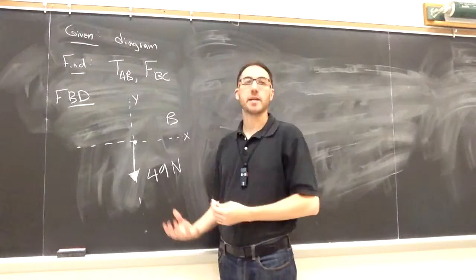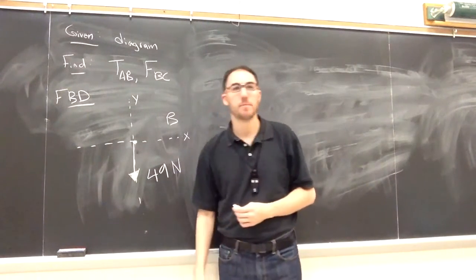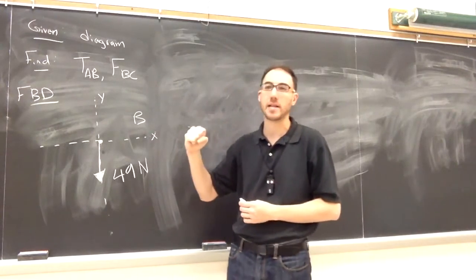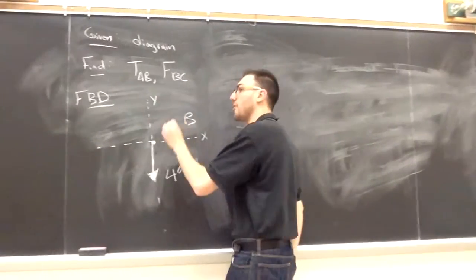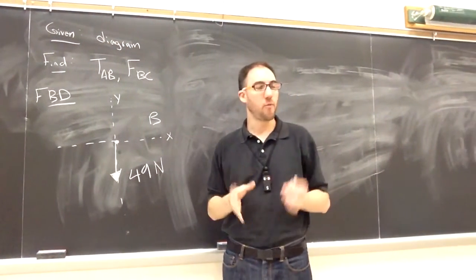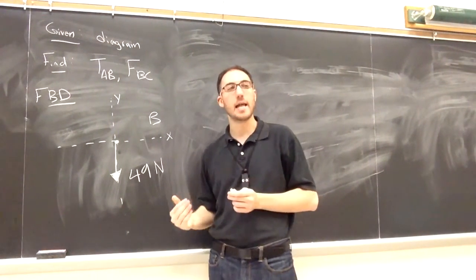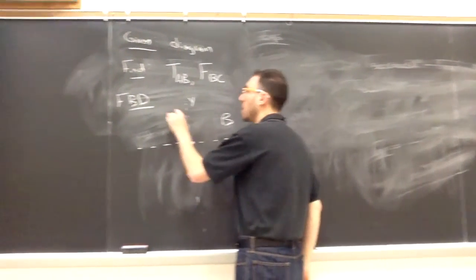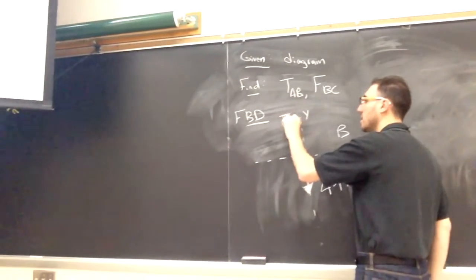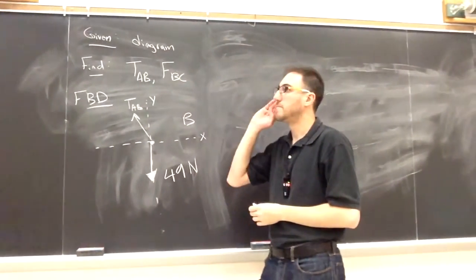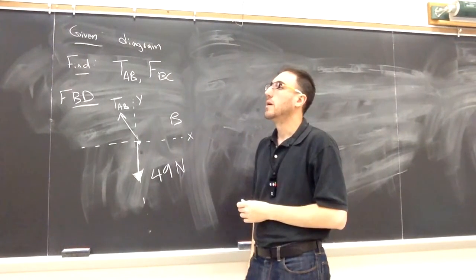What is preventing B from being dragged down? Because we know B is stationary, so its acceleration is 0. So what's counteracting that? What other forces act on B? For a rope or a bar, the force in it acts along its length. So we know there's a force that we already named TAB that acts along the direction of the rope AB.